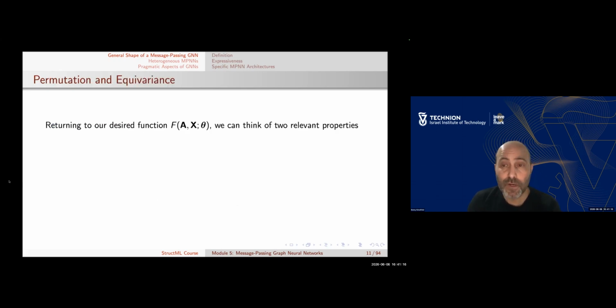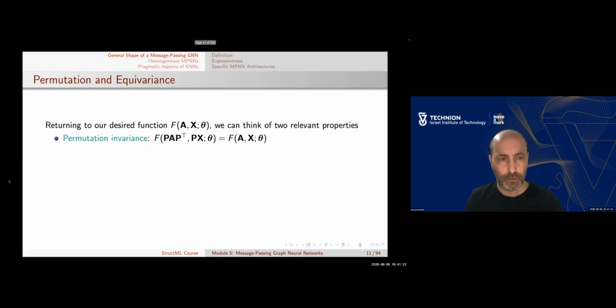Now, for a function, what is it that we want? How do we define being indifferent to the node reordering? We can think of F being permutation invariant, which would basically mean F applied to the permuted A, comma, the permuted X, is equal to F before the permutation.